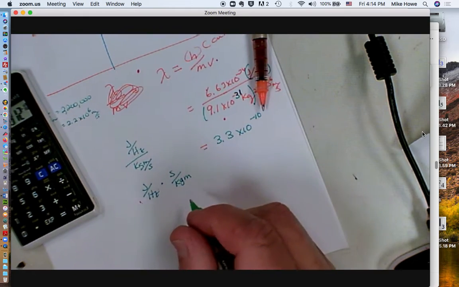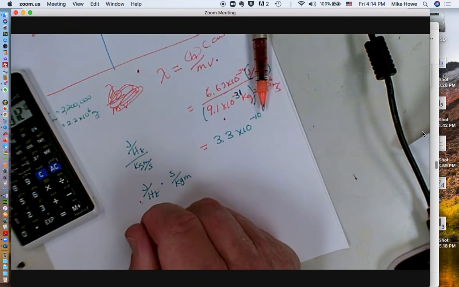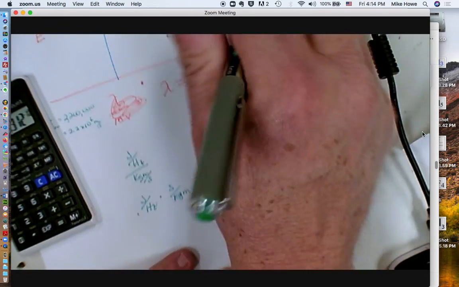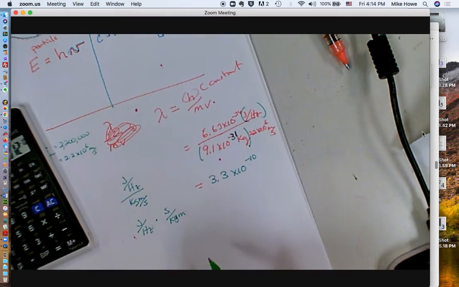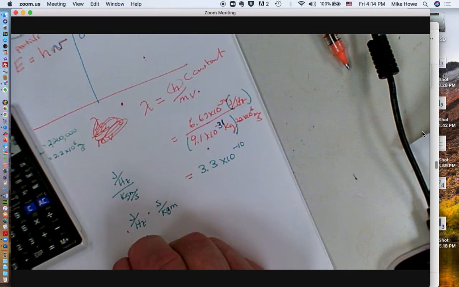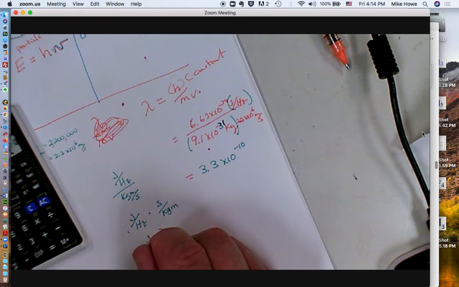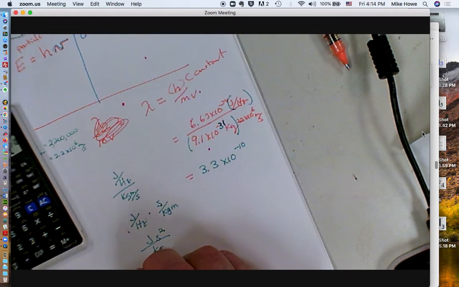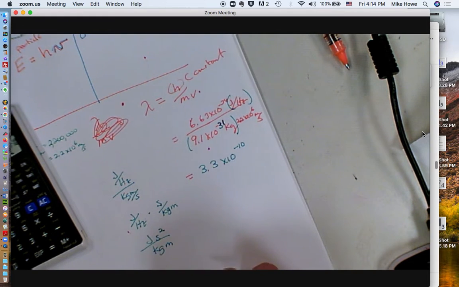But a joule per hertz is really a joule second. Remember, we talked about that earlier, and I showed you why. So we'll just write down, instead of joules per hertz, we'll write joule seconds. So now I have joule seconds squared because it's joule seconds times seconds, and that's divided by kilogram meters.